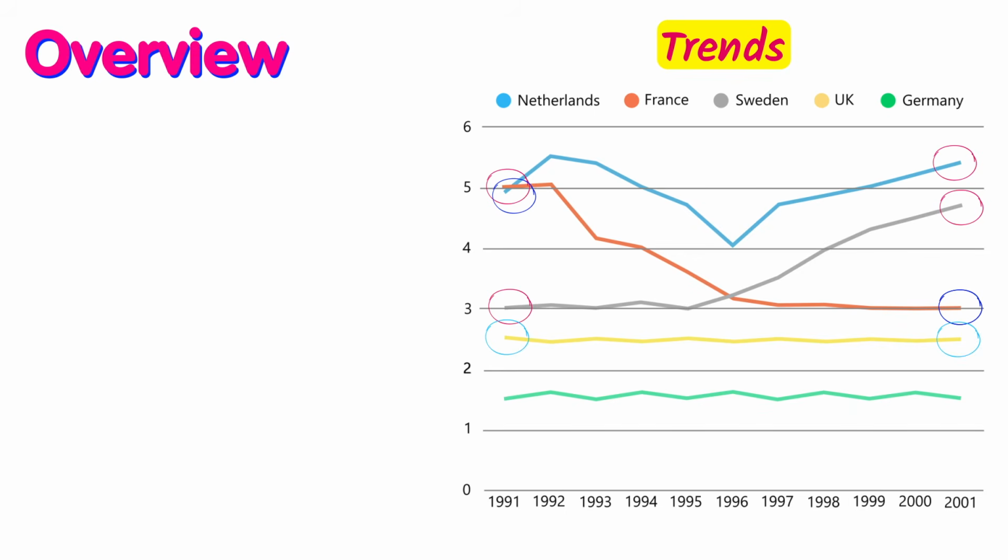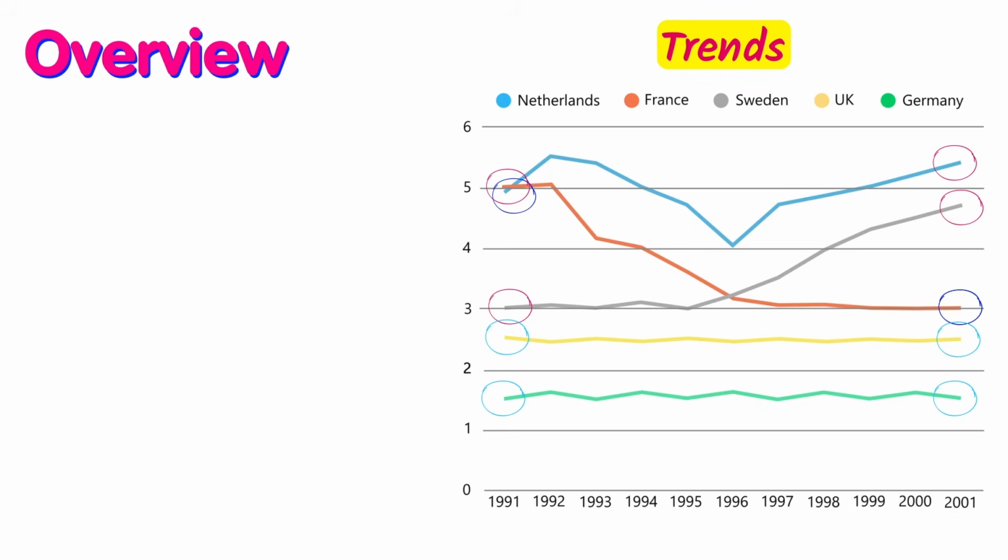And for the UK and Germany, they were the lowest and the most stable. Okay, so this is how we can write about overview paragraph when we want to write about a line graph. This is a very, let's say, well organized overview paragraph if we just write about the trend, right?